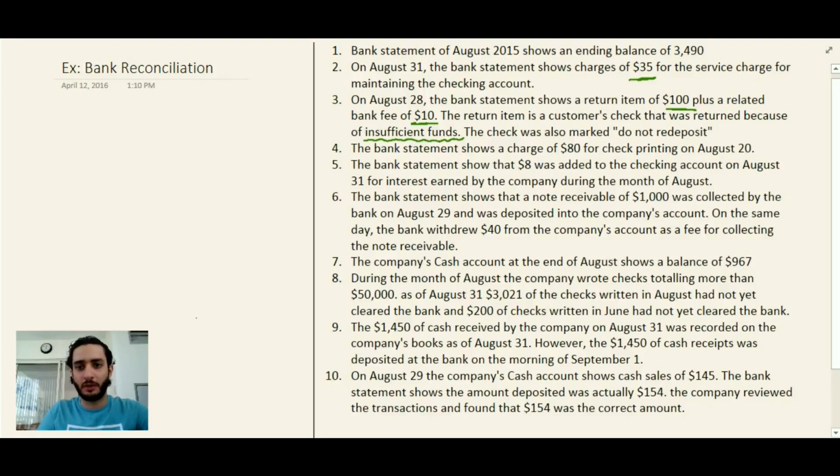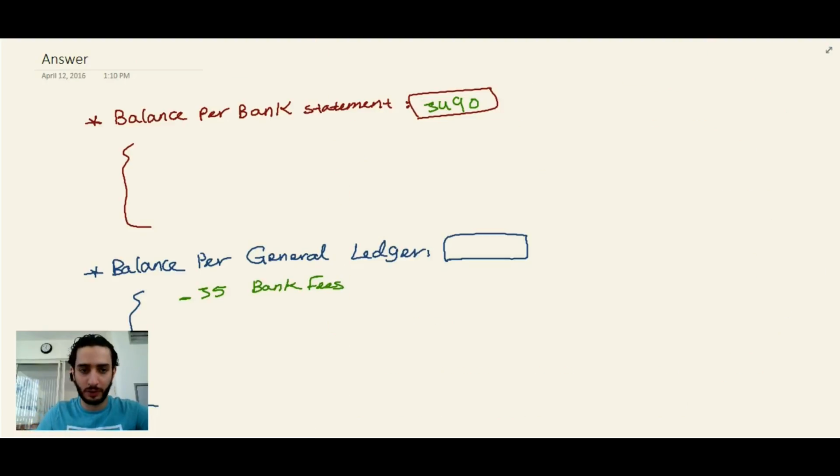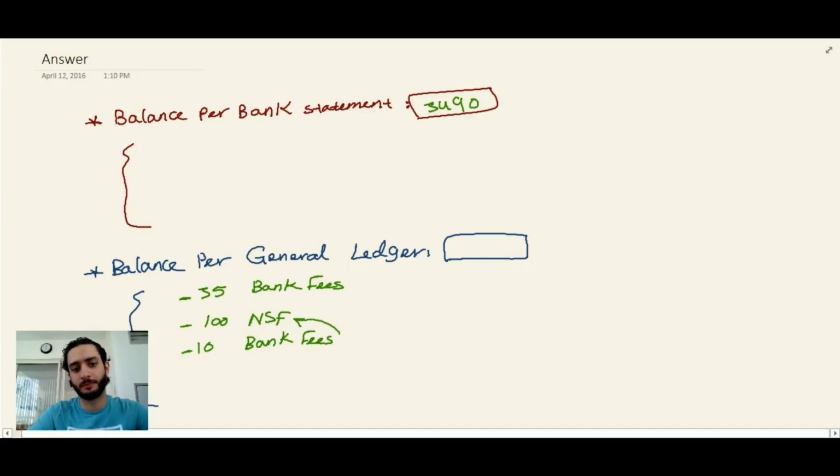So we have a $100 non-sufficient fund check, plus $10 bank fees. We have to also adjust this here: $100 non-sufficient funds, and we also have $10 bank fees related to this.